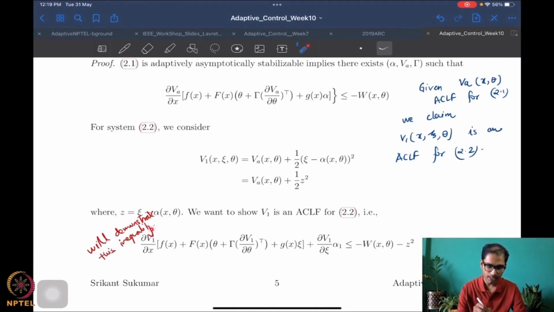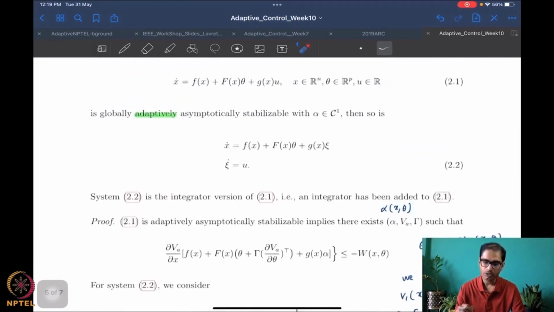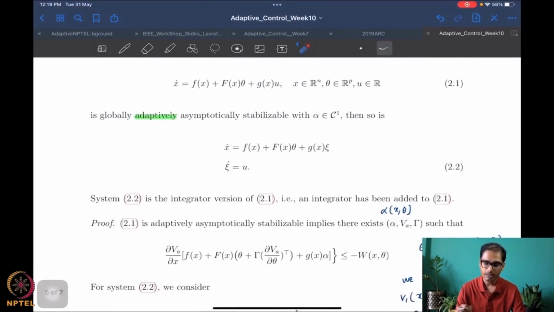So this is del V1 del x times the modified x dot, and del V1 del psi times the current. This is what should be the case, I believe.